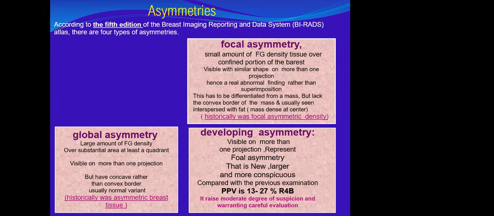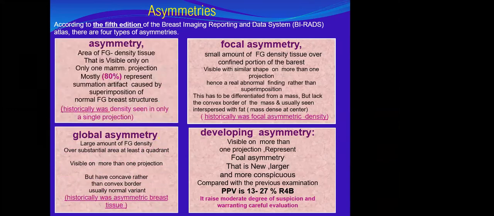That means it represents BI-RADS 4B. It raises a moderate degree of suspicion and warrants careful evaluation. Asymmetry is the same fibroglandular density without a mirror image.